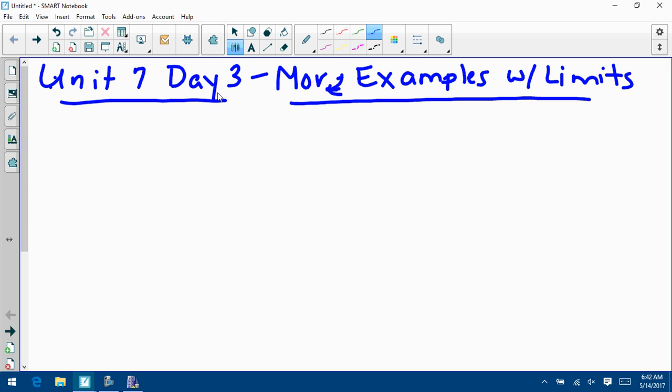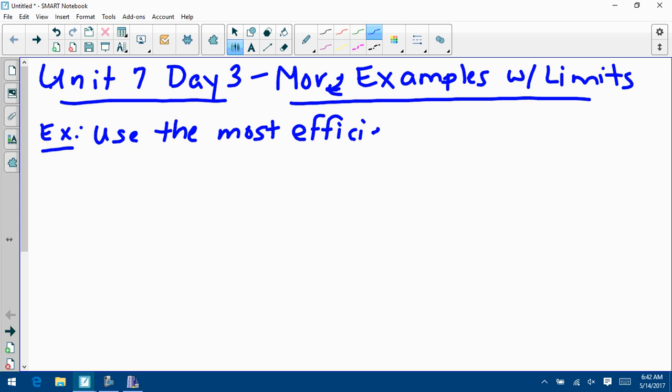Okay, so we've been doing limits for a few days now. You've seen them graphically, numerically with a table, and algebraically by plugging in points and doing some algebra with it. So at this point, I'm not going to specify what you have to do. I'm just going to say use the most efficient method to determine each limit.